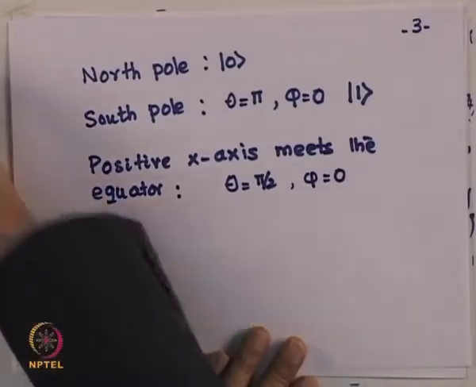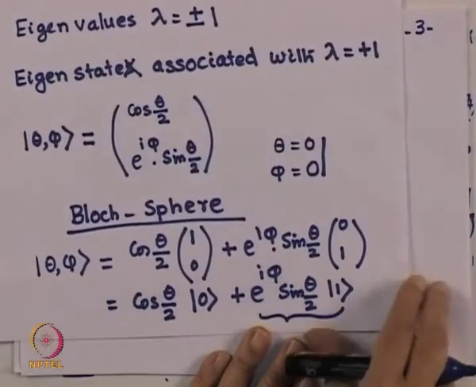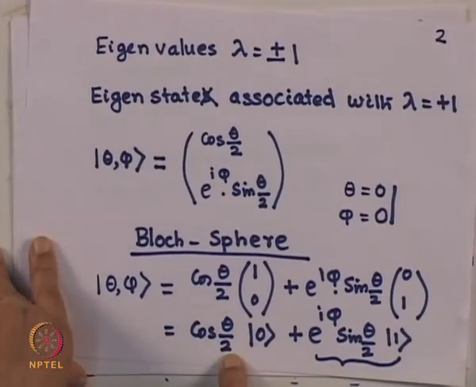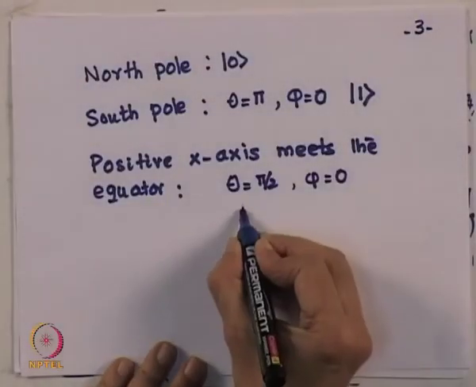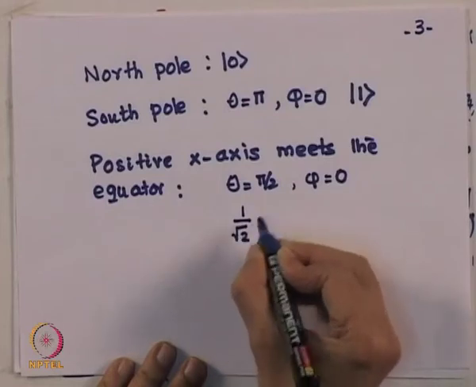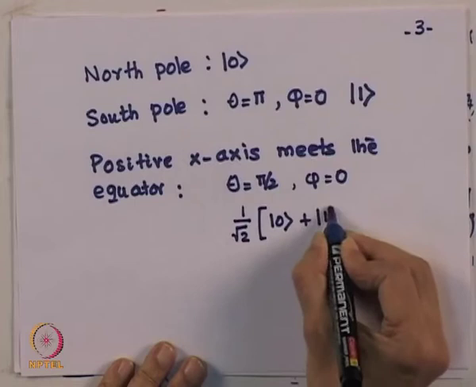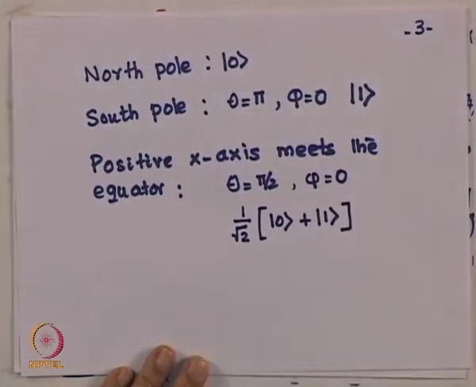Now you can immediately go back there. Theta equal to pi by 2 means cos pi by 4, which is 1 over square root of 2. e to the power 0 is equal to 1. Sin pi by 4, which is again 1 over square root of 2. So this state is 1 over square root of 2 times (0 plus 1). Remember that I had called this the diagonal state, one of the basis of the diagonal state.